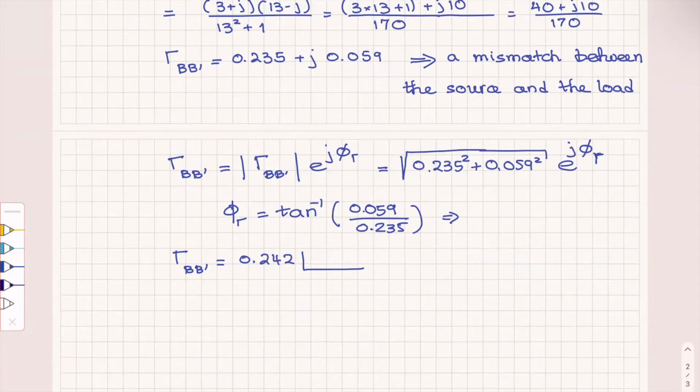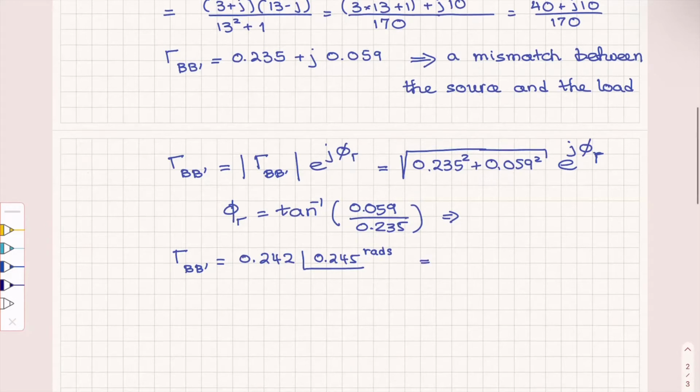In radians, it is 0.245 rads. Or if you want to turn rads into degrees, 0.059 divided by 0.235, inverse tangent, gives 14 degrees.